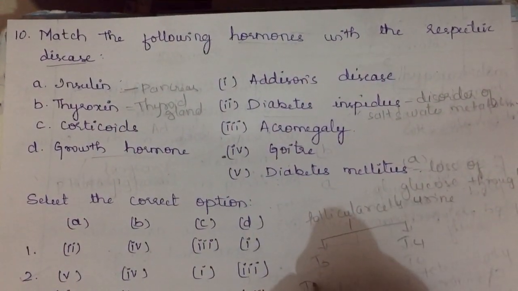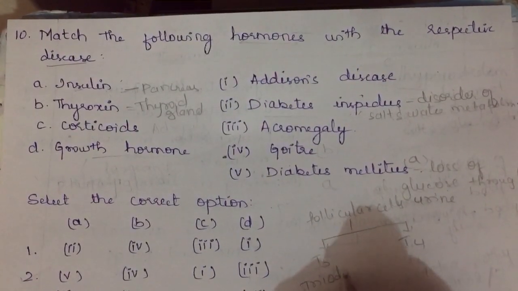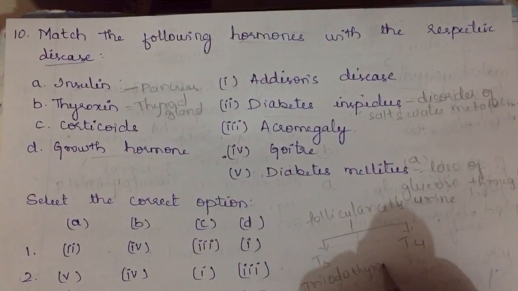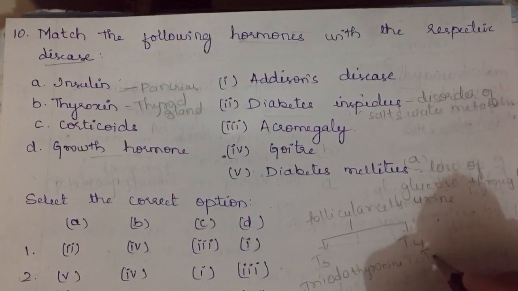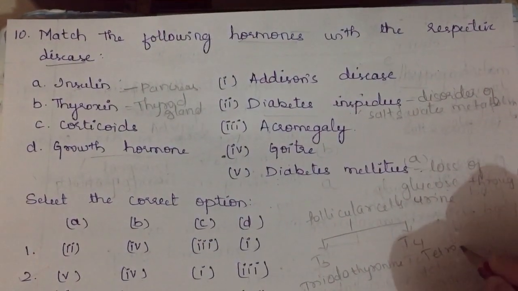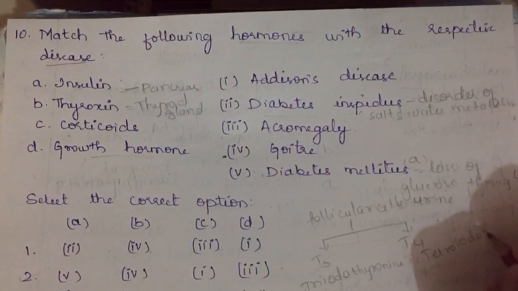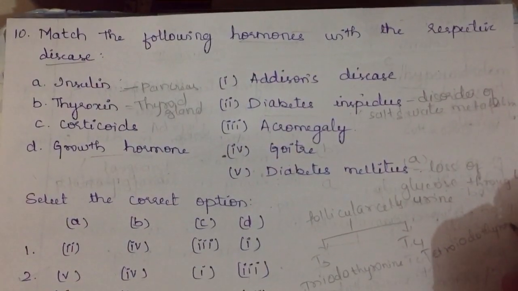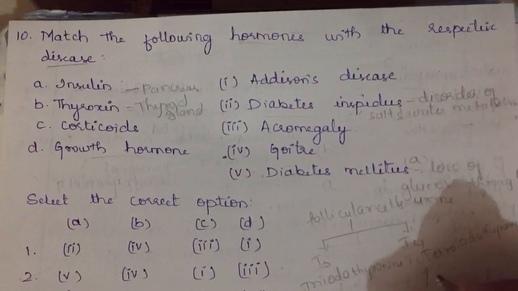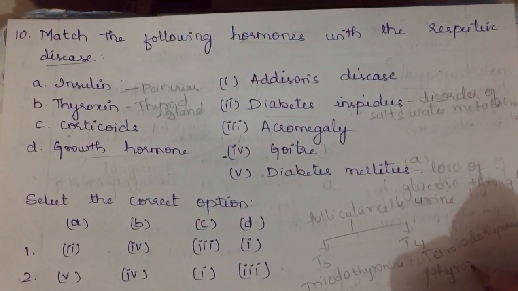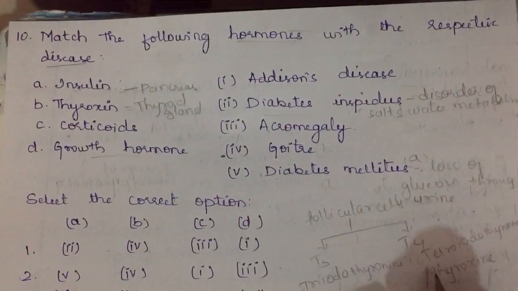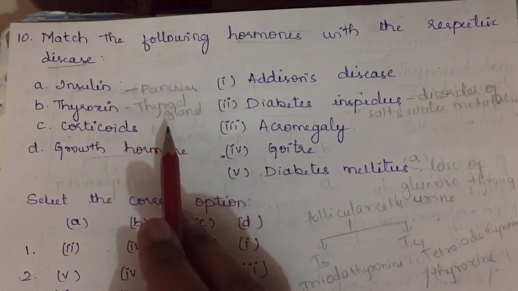One is triiodothyronine, another one is tetraiodothyronine. Now this triiodothyronine and tetraiodothyronine are also called thyroxine. These are the two hormones which are produced by the thyroid gland.